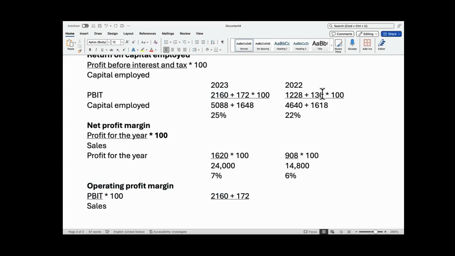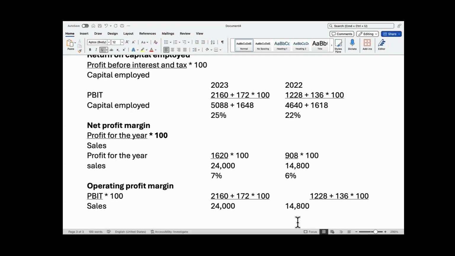For 2022, I can use this. And my sales here is 24,000, and here is 14,800.